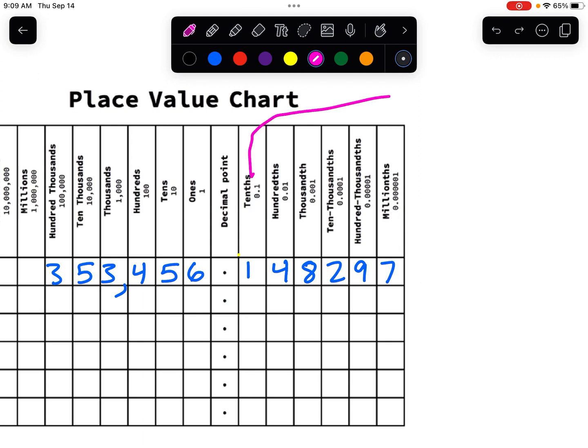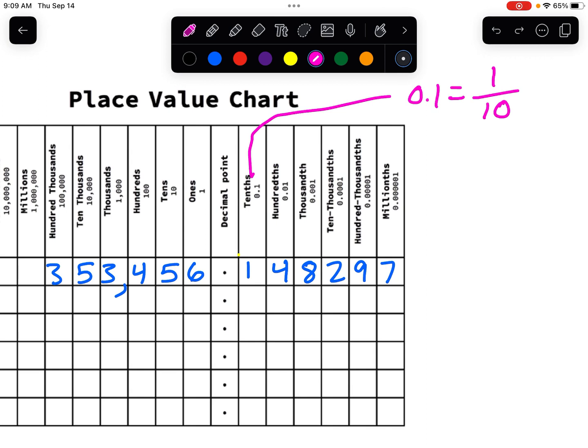Well, what is 0.1? Here you can either include the 0 or not, but 0.1 is the same as 1 over 10. That's why we call it tenths.